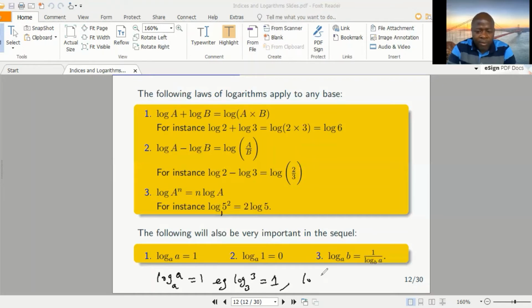Even the log of 7 to base 7, the answer will be 1. So that is very important. And the other very important thing is this point number 2 here, that the log of 1 to any base, even if the base is 7, the answer will be 0.